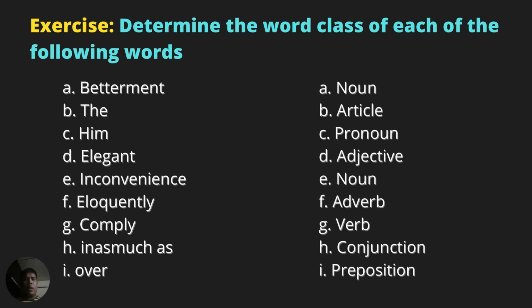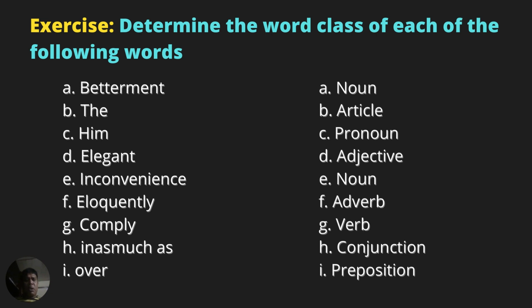Meanwhile, the bound morpheme "-ment" is attached to better to form a new word class. So from "better" as an adjective, once "-ment" is attached to better, it derives a new class of words, a noun. Betterment is a noun, and better is an adjective.